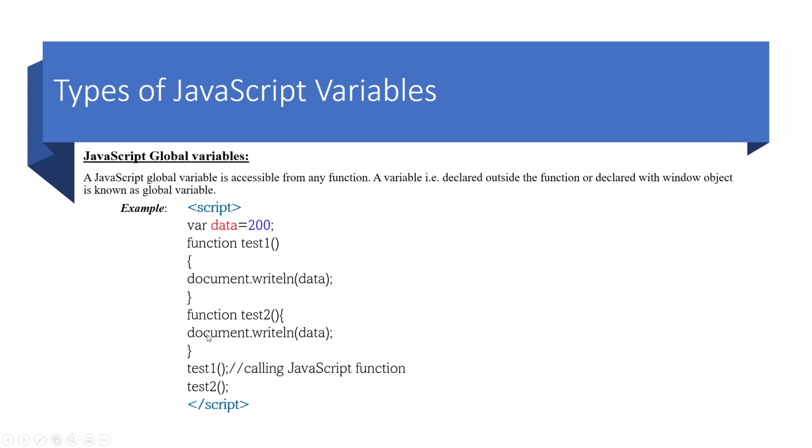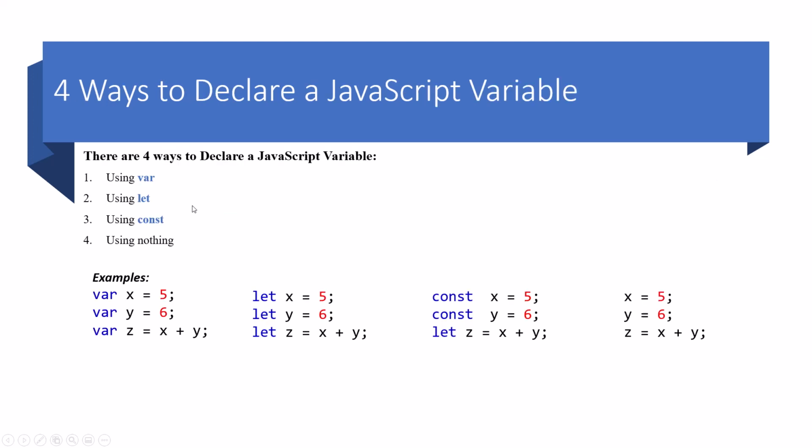Here one example is given where the variable data is equal to 20 is initialized, and then I am using this data variable in function test1 as well as in function test2. So this variable data we can use in multiple functions or blocks. That's why it is called a global variable. This is one example for that.